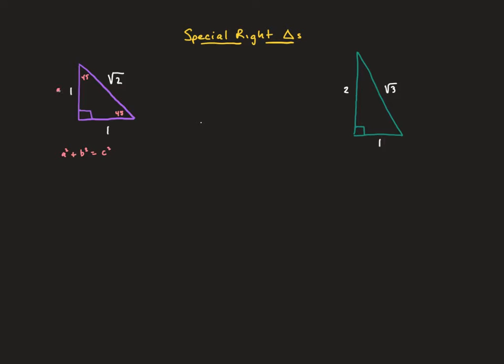If this is a, this is b, that would be 1 squared plus 1 squared equals c squared. We have 1 plus 1, or 2, equals c squared. And then if we find the square root of both sides, c is going to equal the square root of 2.